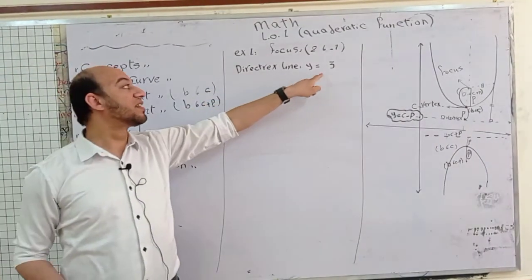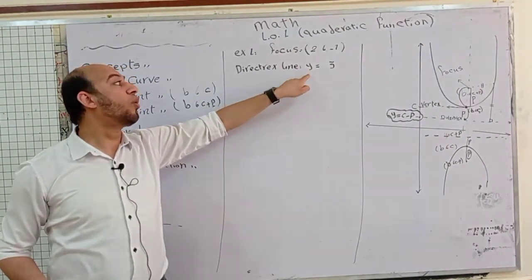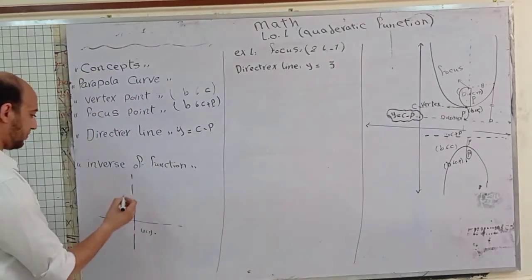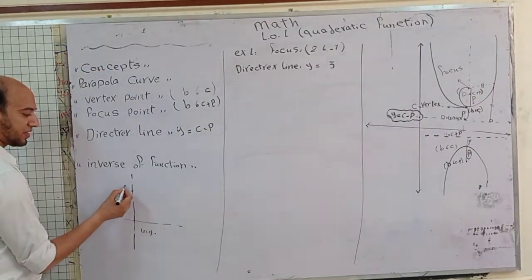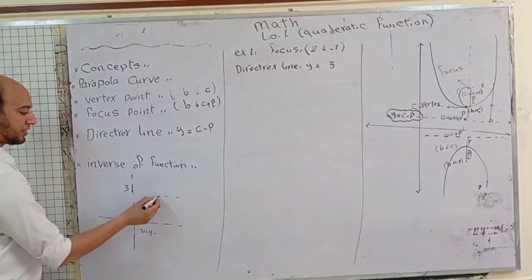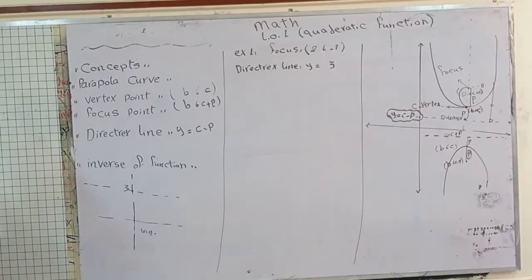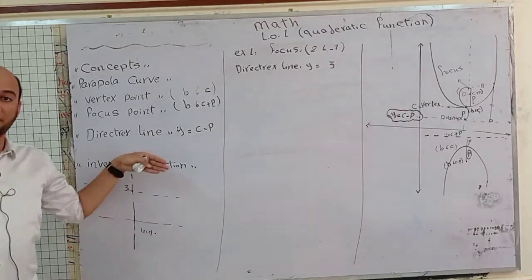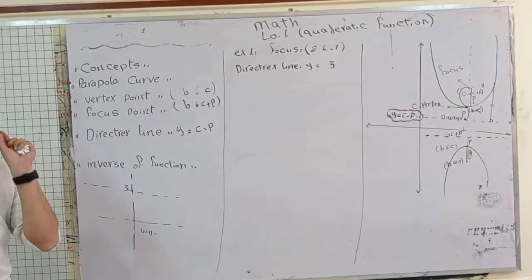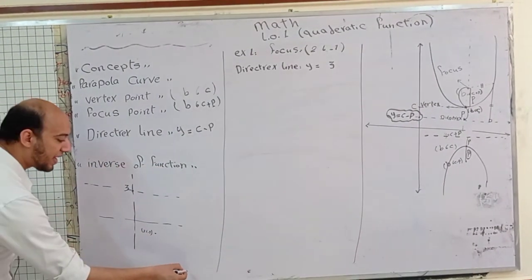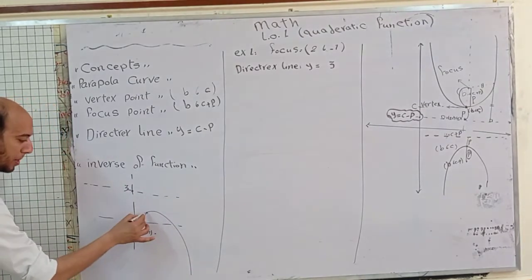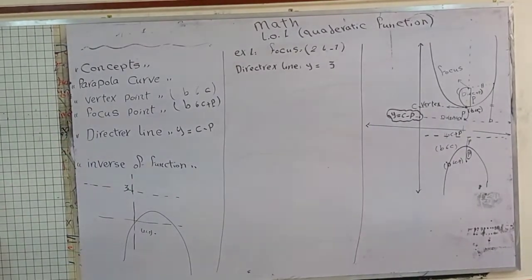The directrix line is y equals 3. The directrix line is above the focus. That means the parabola curve is open down.